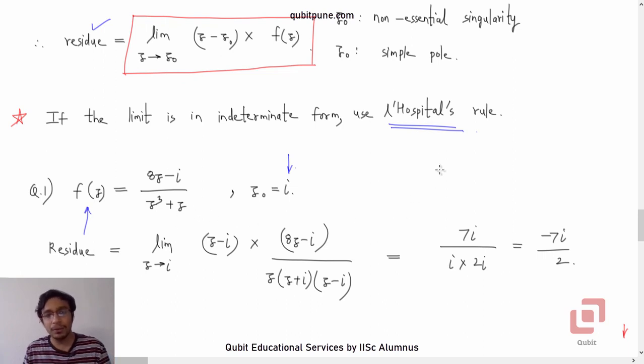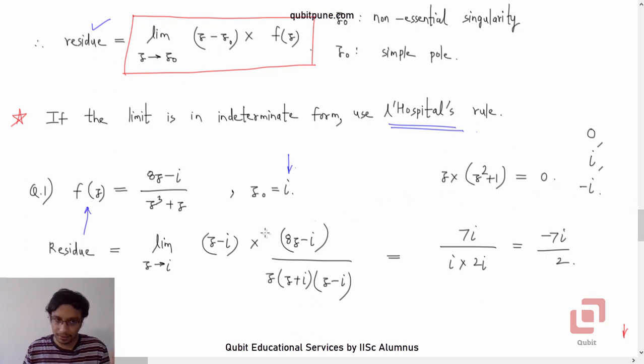When you equate z cubed plus z to 0, you get z into z squared plus 1 equal to 0, which means this function f of z has 3 isolated singularities. The first singularity is 0, the second is i, and the third is negative i. All 3 are isolated.